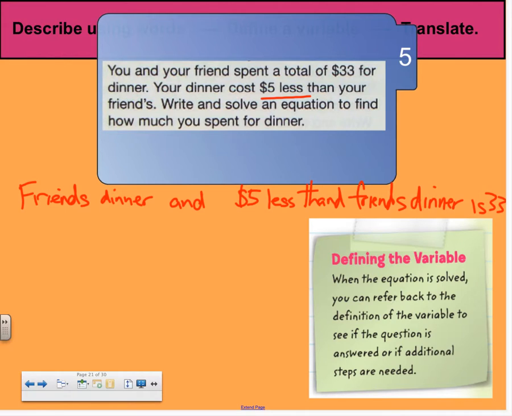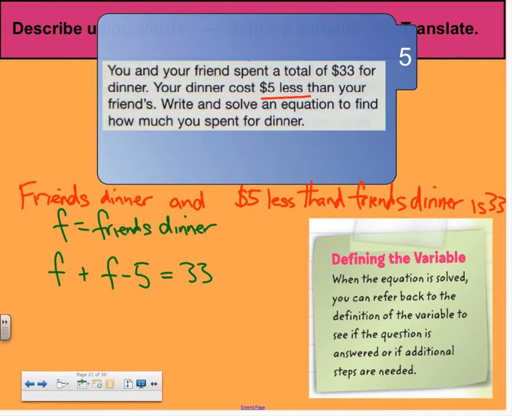Let's go with F. So if F equals friend's dinner, all right, then I can say F and 5 less than friend's dinner, which would be F minus 5, right, equals 33.